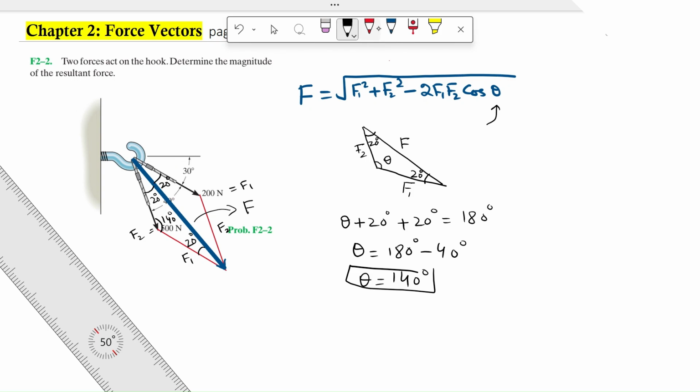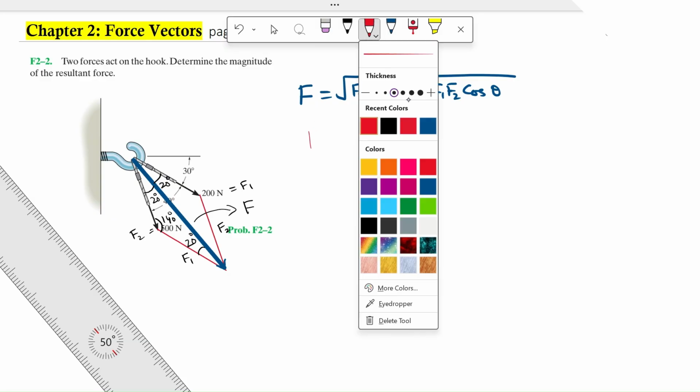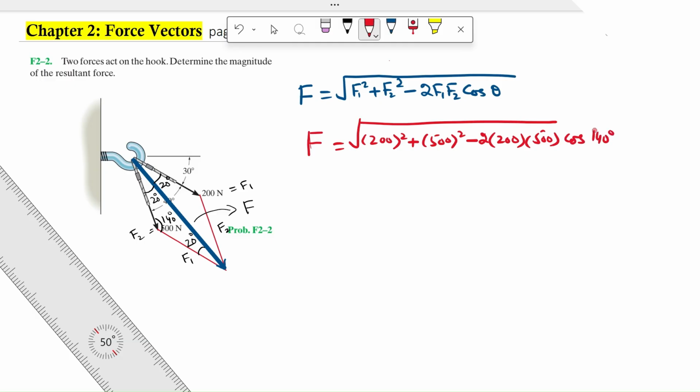Just put them in this formula and we will get the value of the resultant force. See, this is very basic as compared to the resolution method. In this, we only face the problem of this theta, and by simple geometry you can easily find it. So the resultant force will be equal to the square root of 200 squared, the F1 value, plus 500 Newton squared, the F2 value, minus 2 into 200 into 500 into cos 140 degrees.